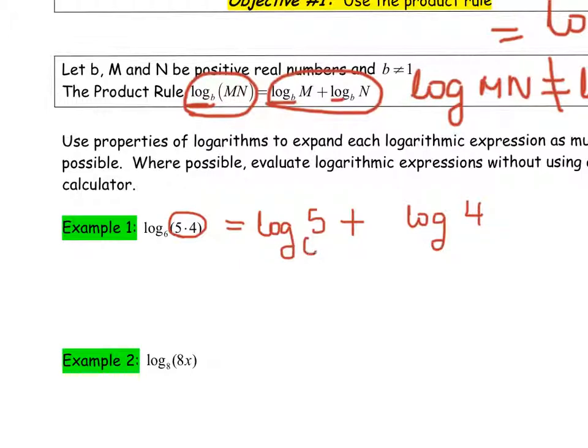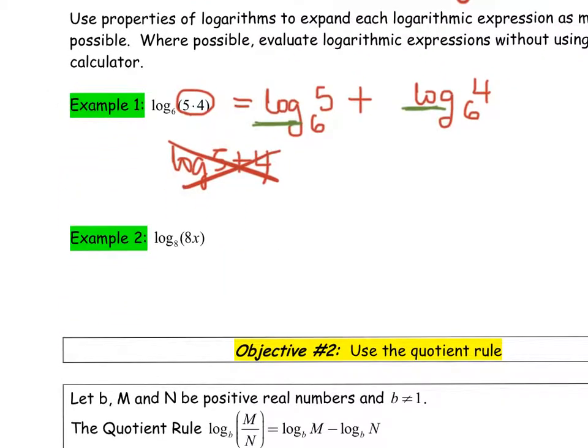I'm going to come back and put the bases. If you give me log of 5 times 4 is log 5 plus 4, the answer is absolutely wrong. Remember, you should have two logs. Single log becomes double log. Very important, and the most common mistake students make.